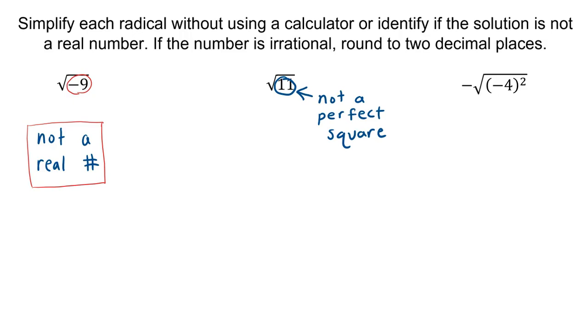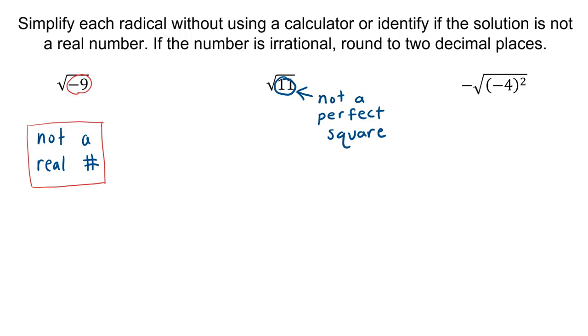What's an irrational number? An irrational number is a number that when we write it in decimal form, that decimal never establishes a repeating pattern, nor does it ever end. So we say that it is non-repeating, non-terminating.